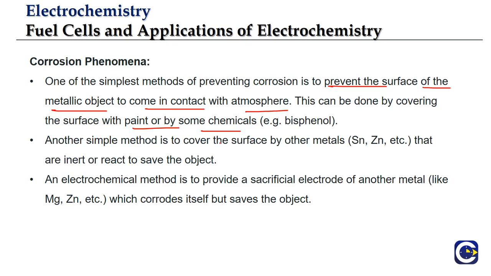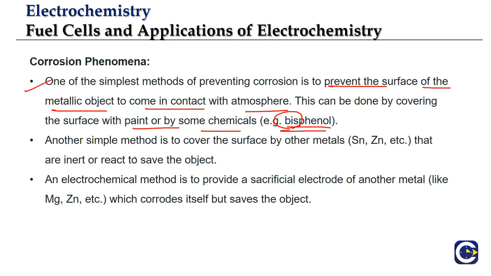If we cover the surface of the metal with some paint, like bisphenol. Bis is basically if you have two phenol, then we'll call it bisphenol. So if we have some chemicals like two phenol rings in a compound, we'll call it bisphenol. So if you have specific chemicals which can prevent the metallic surface from getting exposed to the atmosphere, then that can actually be a method to prevent the rusting or corrosion.